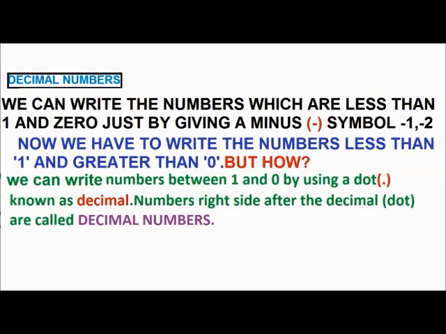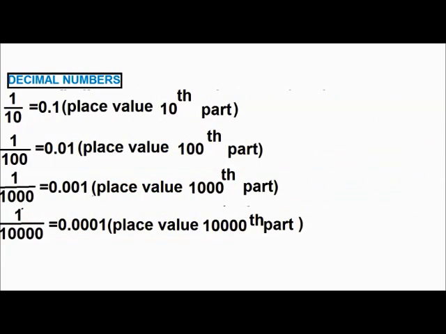Numbers on the right side after the decimal are called decimal numbers. We studied that numbers between 1 and 0 can be written as 1 by 10, 1 by 100, 1 by 1000, 1 by 10,000. These are in fraction mode. Now in normal mode, by using the decimal, we can write 1 by 10 as 0.1.